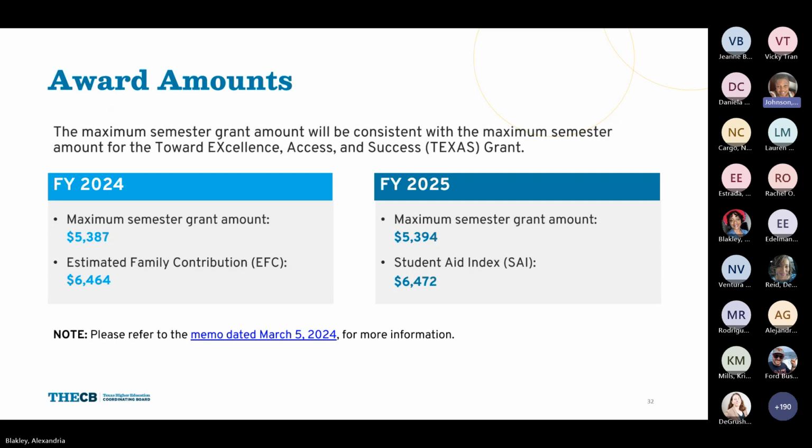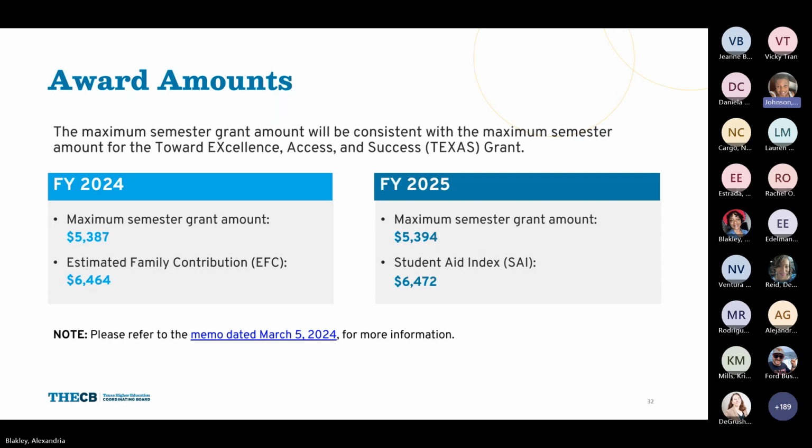The Texas Transfer Grant award amounts are going to be consistent with the maximum semester amount for the Toward Excellence, Access, and Success Grant. I've given you here the annual maximum semester grant amount for fiscal year 24 and fiscal year 25, as well as the federal maximum priority estimated family contribution and the student aid index.